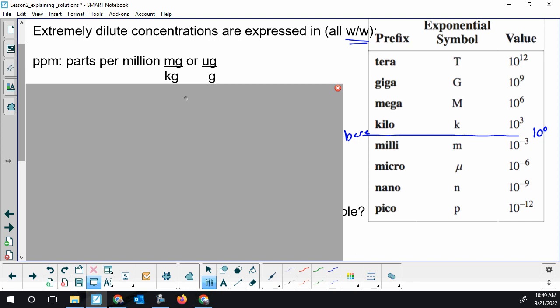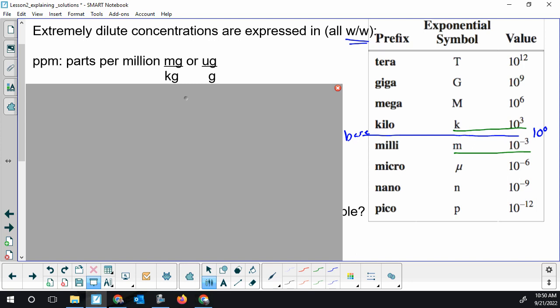Okay? So you can use any combination of units that have a million difference, which a million is 10 to the 6. So I've pre-labeled a couple options. So milligrams is 10 to the minus 3, and kilograms is 10 to the 3.